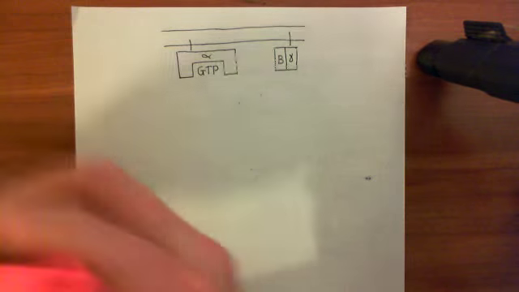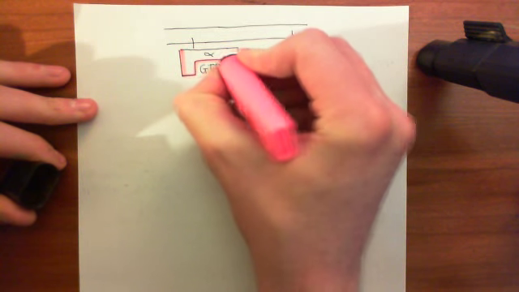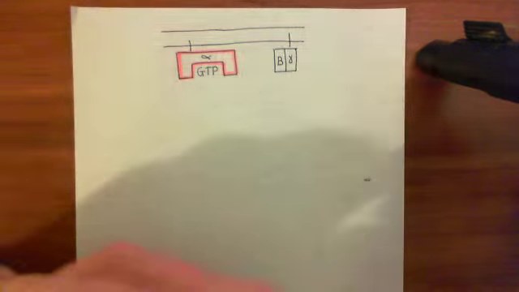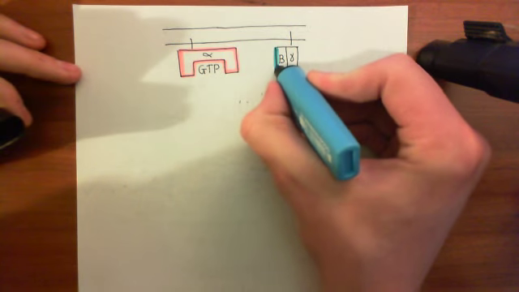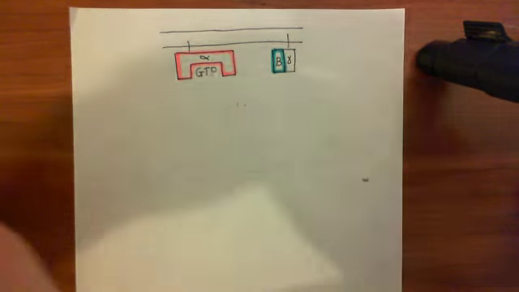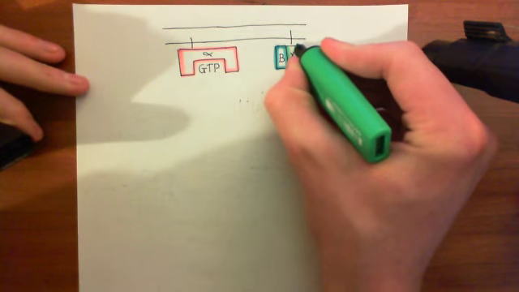Let's show the alpha subunit here in red, and we'll show the beta-gamma in the conventional colours of blue and green. So here's the beta in blue and the gamma in green. Then what will happen is both of these go off and have downstream effects.